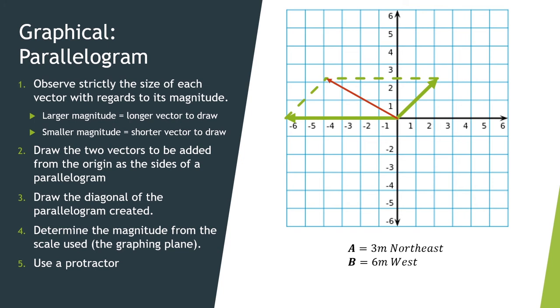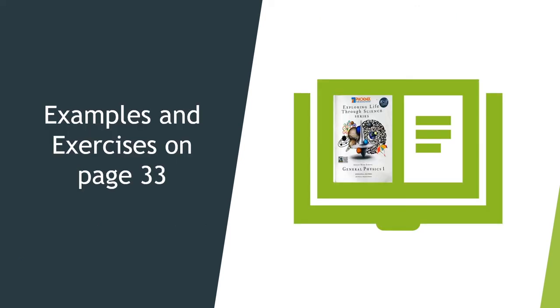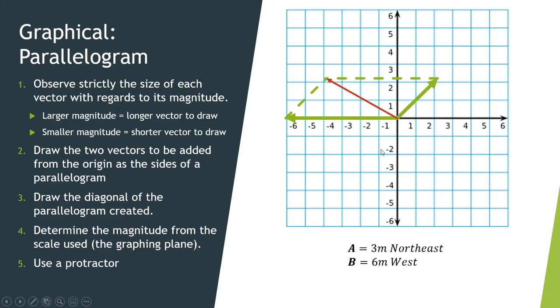Draw the sides, complete the parallelogram, draw the diagonal and measure this diagonal. There are some examples for using the parallelogram method in your book on page 33. You could pause this video and try it for yourself. If you have some questions, maybe they could be answered by reviewing the previous video.